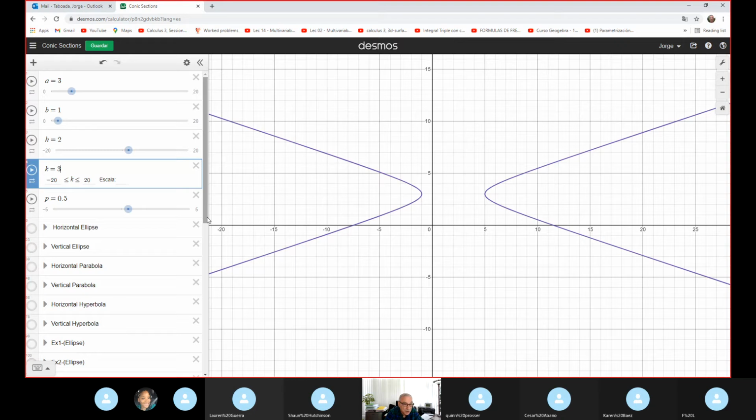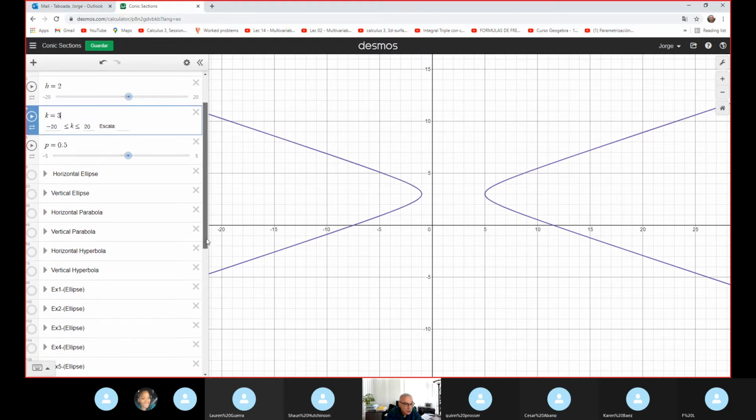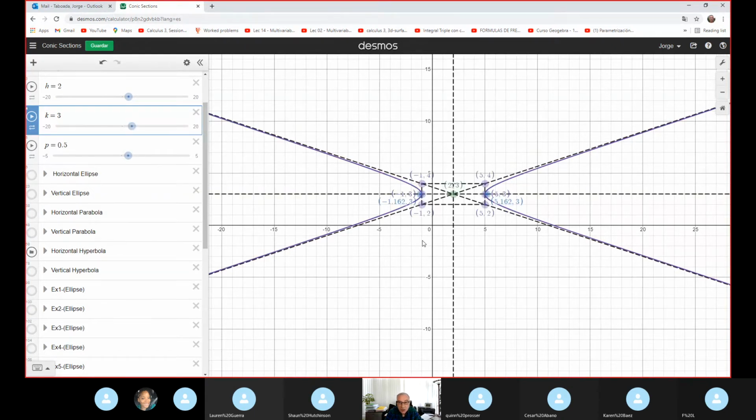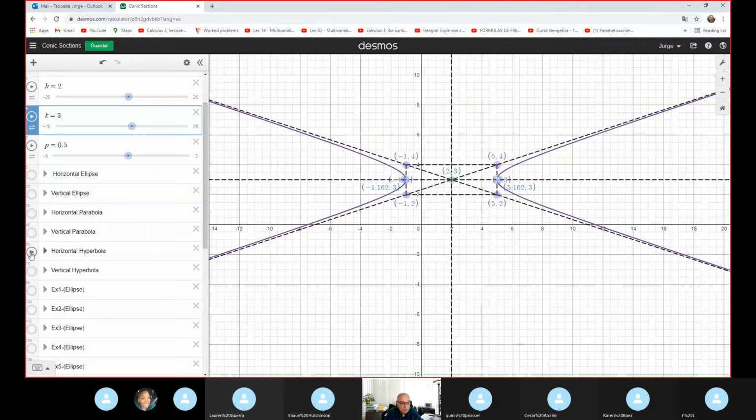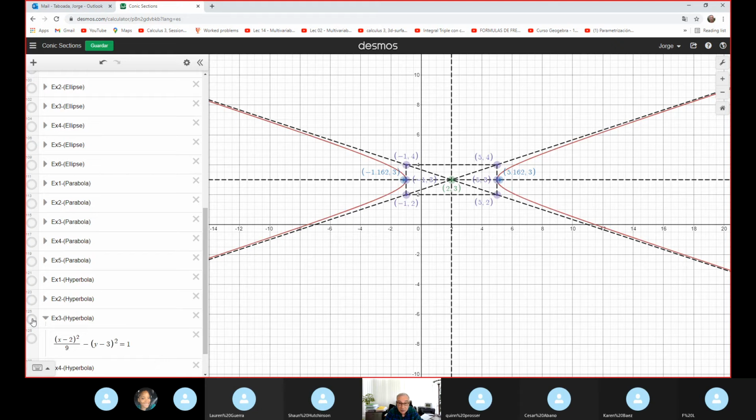I don't care about P because P is the parameter that corresponds with the parabola. So the classification, we are in front of the horizontal hyperbola. Boom. They are a perfect coincidence. Look at that. The curve is the same. It's no coincidence. Look, let me remove the region. You see it stays? Different color, of course, but it stays.